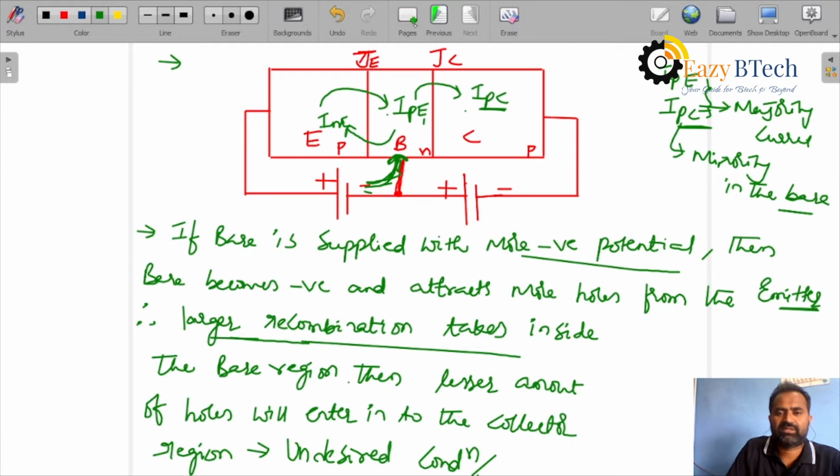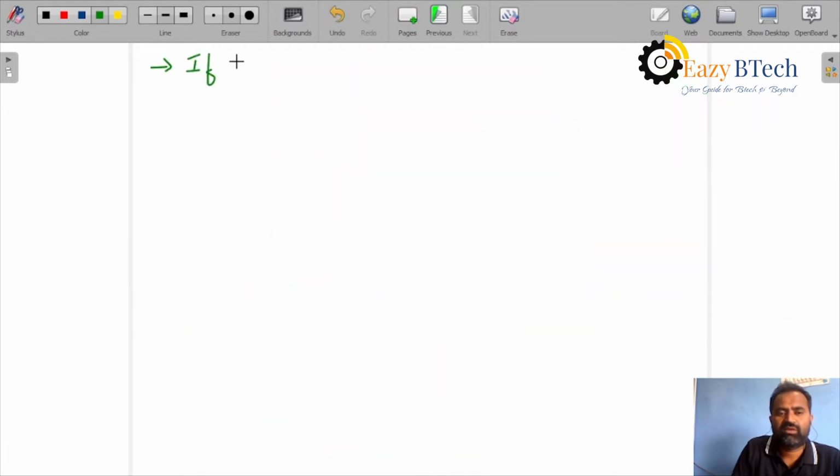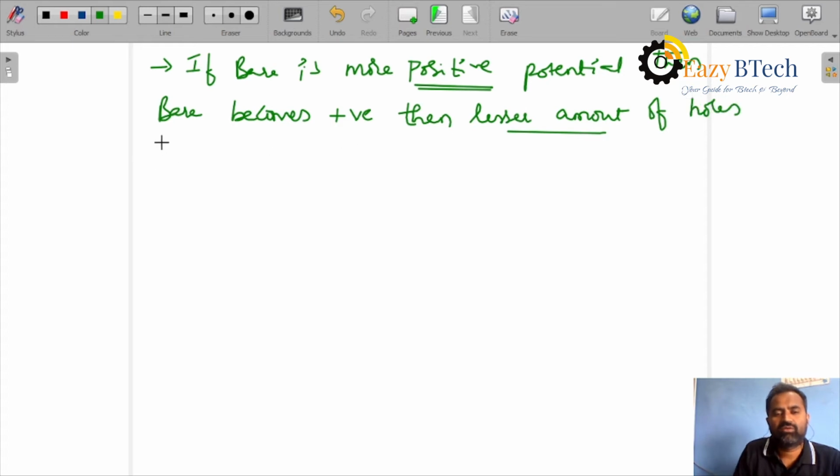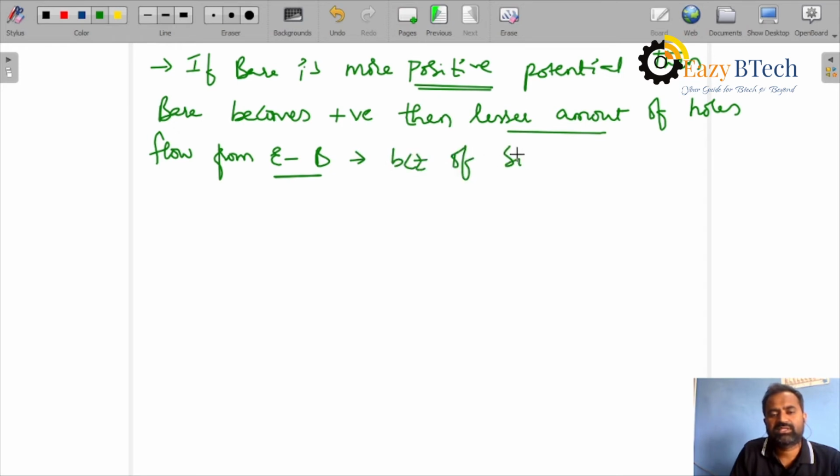Next, similarly, if the base is made more positive, then the base becomes positive, and a lesser amount of holes flows from emitter to base because of similar charge carriers.